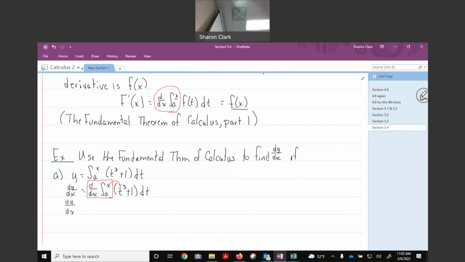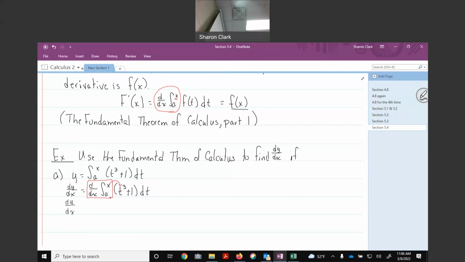You take the derivative of the integral, they cancel each other out. The derivative of the antiderivative gives you back what you started with. It's like adding 2 and subtracting 2. It's not changing the problem. The antiderivative is the original, but we're looking for the derivative of the original, where the original was an integration instead of a regular function.